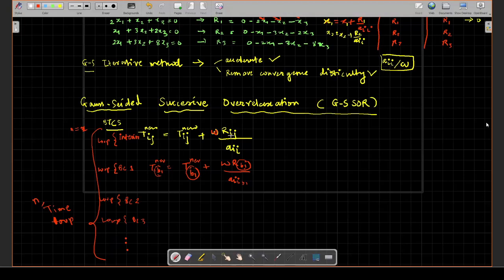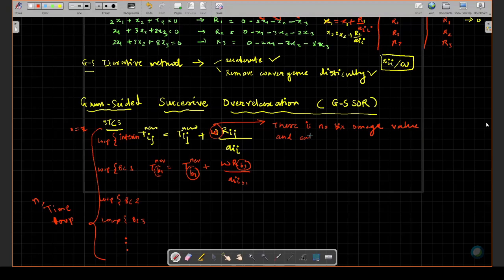Okay. So your computer program can help you decide the values of omega. As I already said, there is no fixed omega.